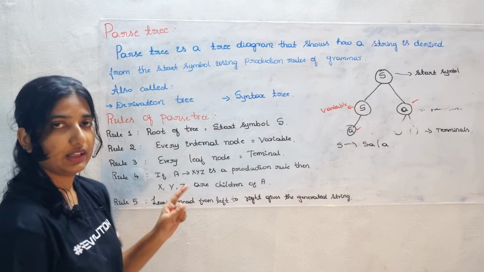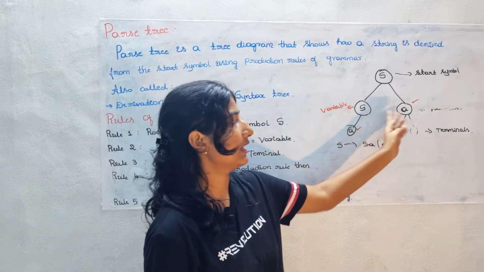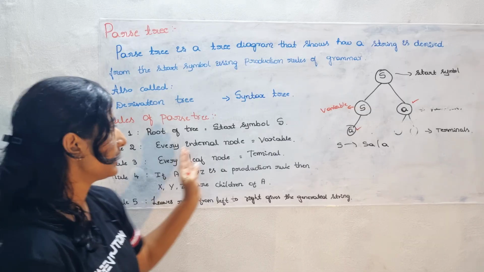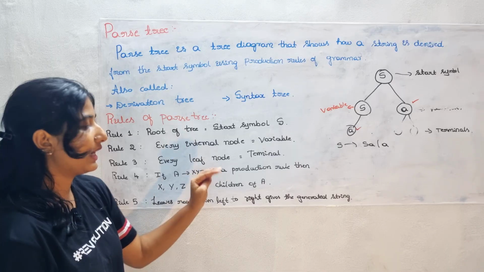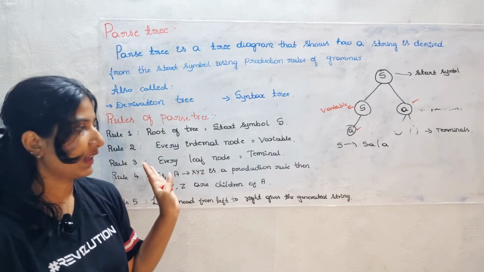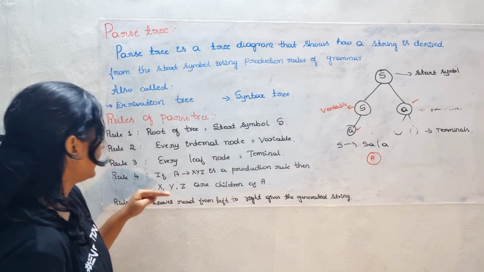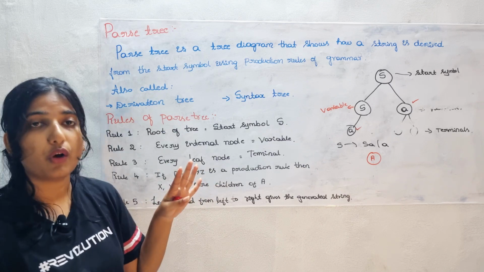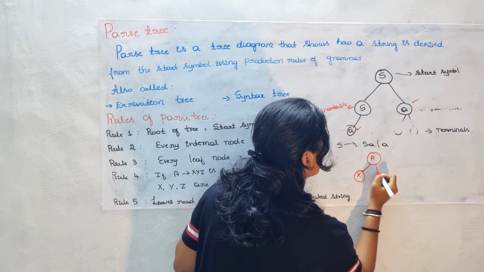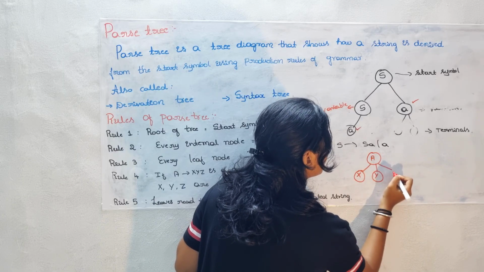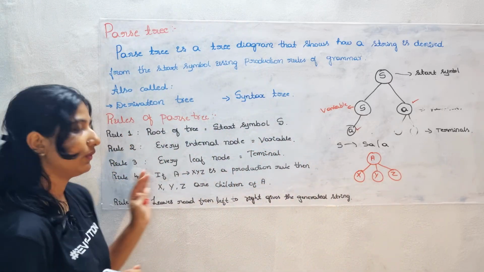The first rule is the root, the second rule is the variable, the third rule is about terminals, and the fourth rule is: if A derives XYZ is a production rule, then XYZ are children of A. Which means if we have start symbol A and this production rule, then XYZ will become the children of A. Okay, this is rule number 4.